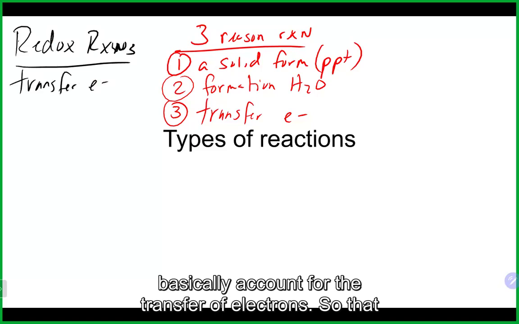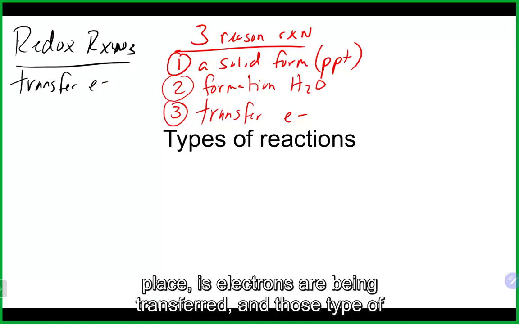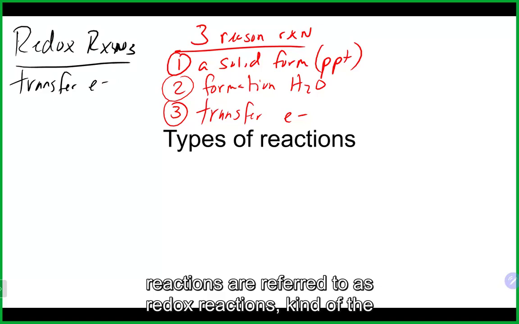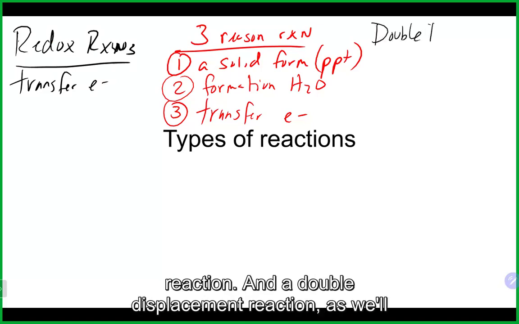So one of the reasons a reaction takes place is that electrons are being transferred, and those types of reactions are referred to as redox reactions. The other big category of reactions is a double displacement reaction.